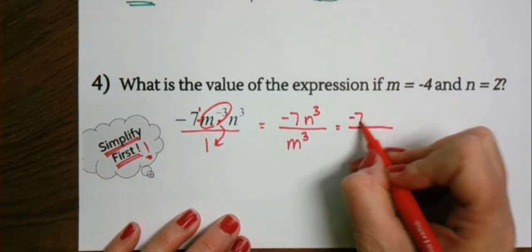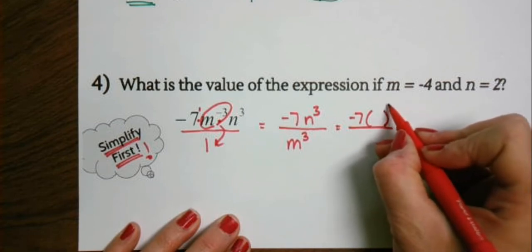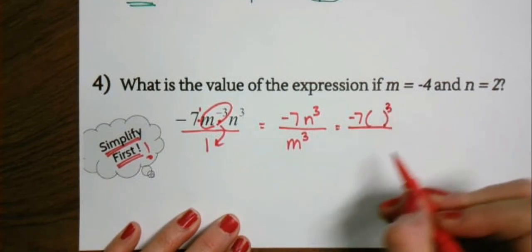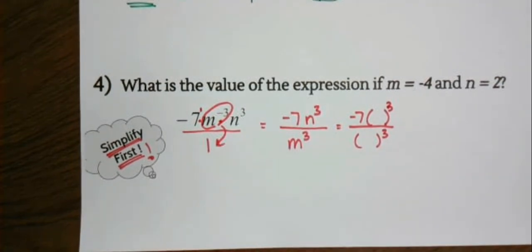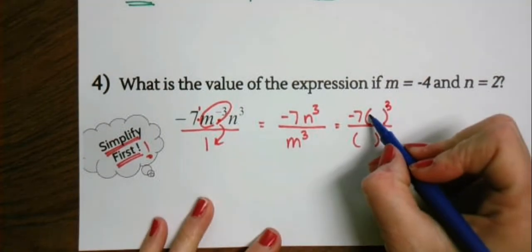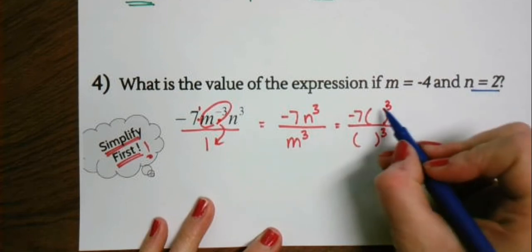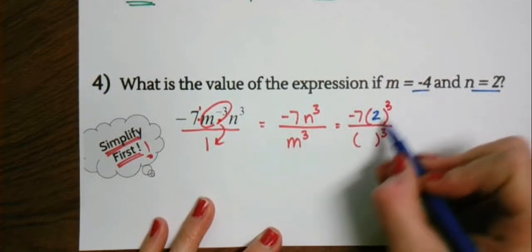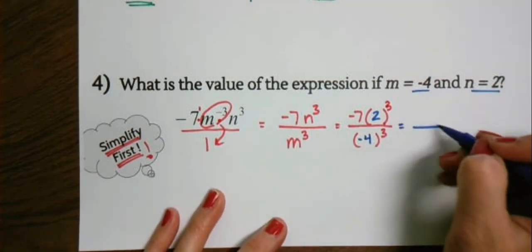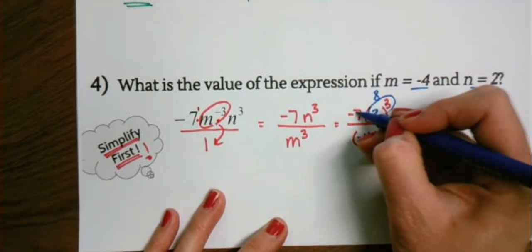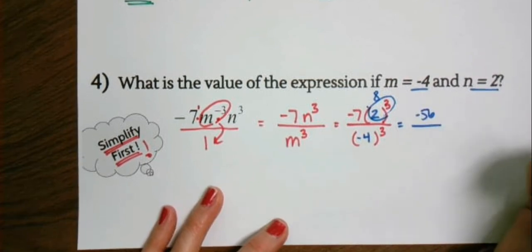So I've got negative 7. I'm going to replace the n with a value of 2 and take it to the third power, and m, third power. So you see how I'm plugging in parentheses? And that way I can replace n with a 2 and m with a negative 4. And I want parentheses. Okay, so let's simplify here. 2 to the third power is 8. Negative 7 times 8, negative 56.